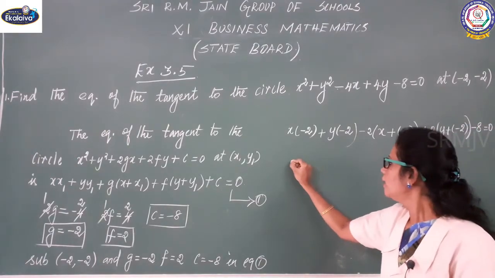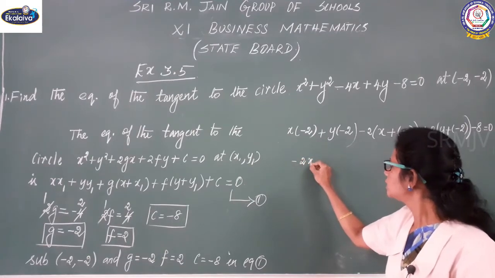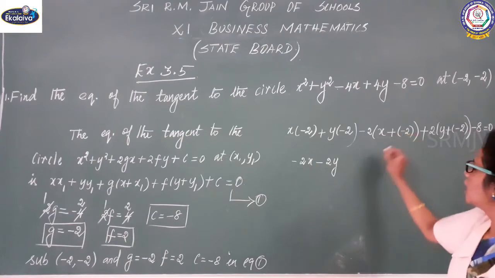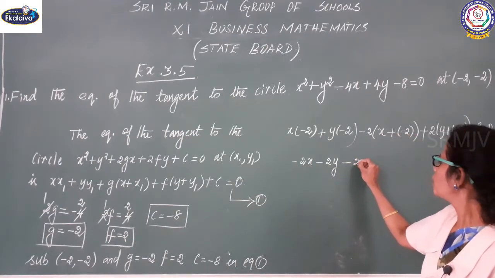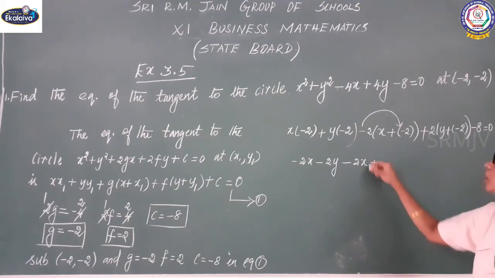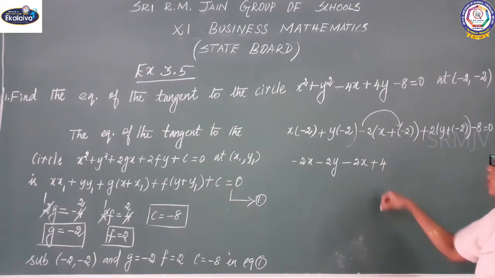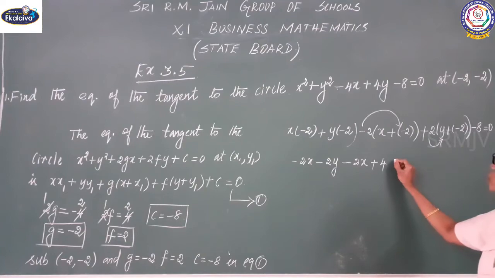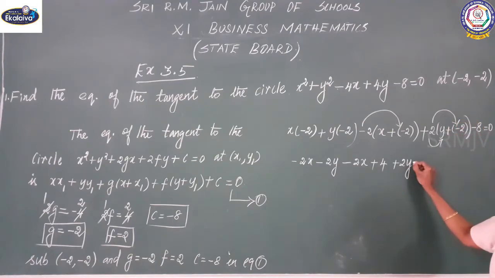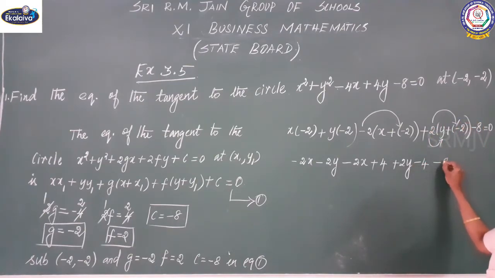Now you see minus 2x minus 2y, here minus 2x, minus into minus plus, 2 twos are 4, then plus 2y, minus into plus minus, 2 into 2 is 4, minus 8 equal to 0.